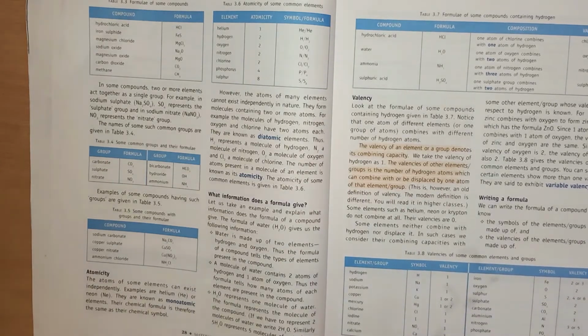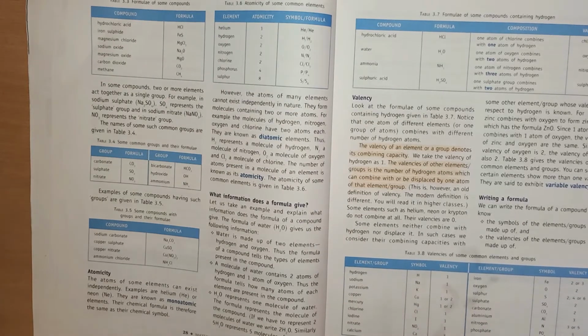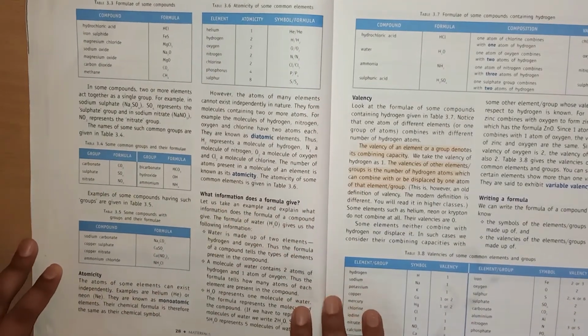So it is saying that in a compound, 2 or more elements act together as a single group, like NO3 acts as a nitrate group and SO4 acts as a sulfate group.